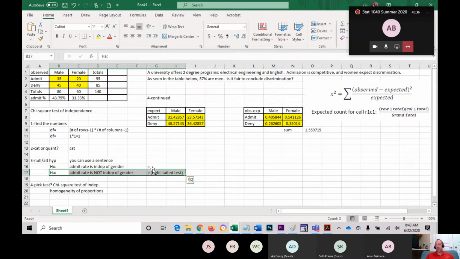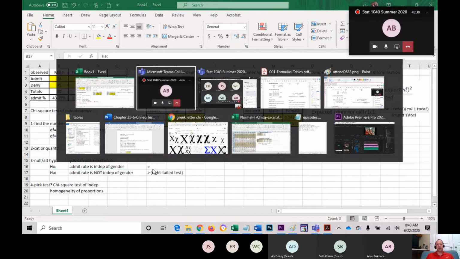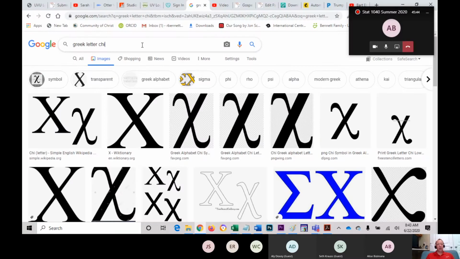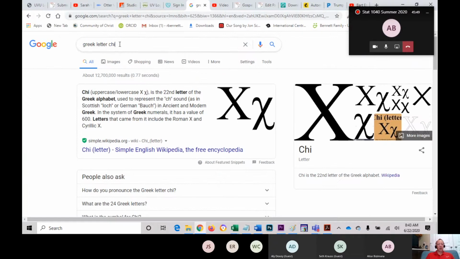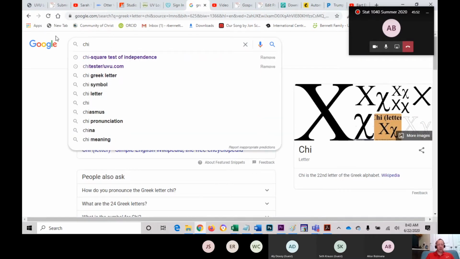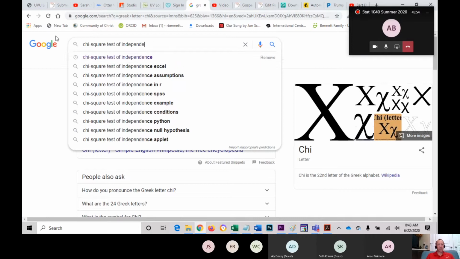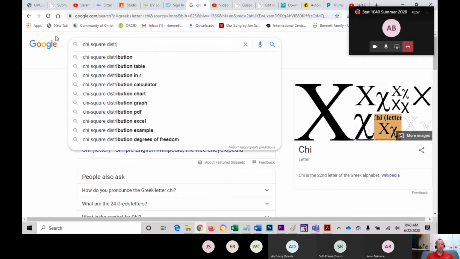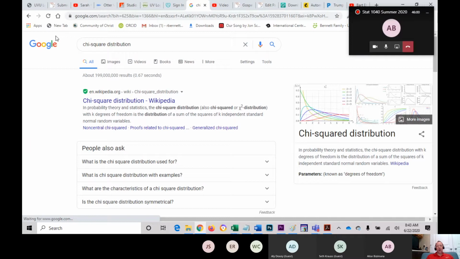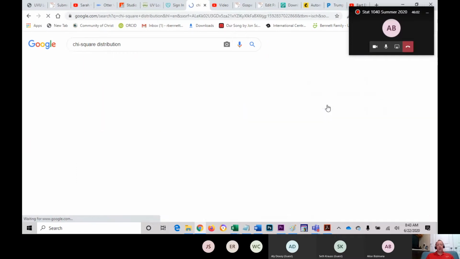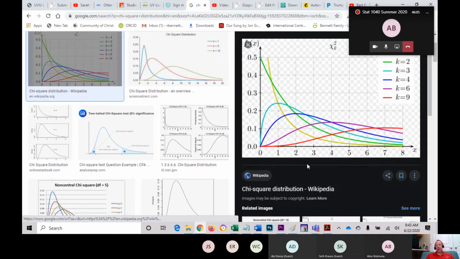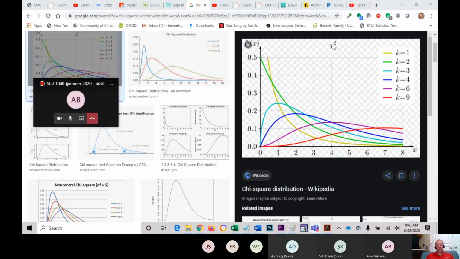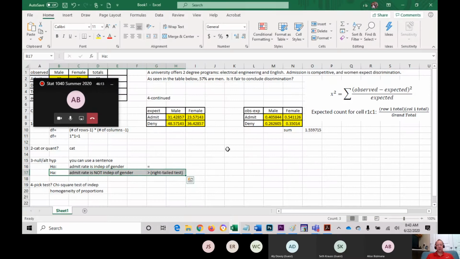Now, let me just show you something really quickly before we get going too far. I want the distribution. This is a great little chart here. The one thing I want to emphasize is that I probably should talk a little bit about the chi-square test.